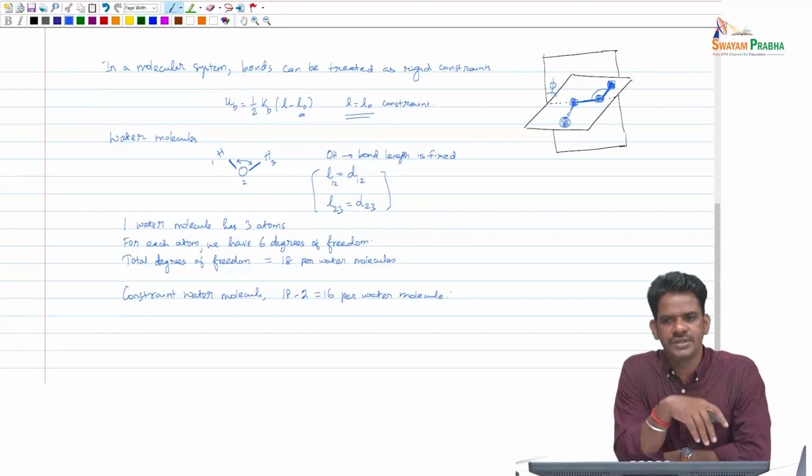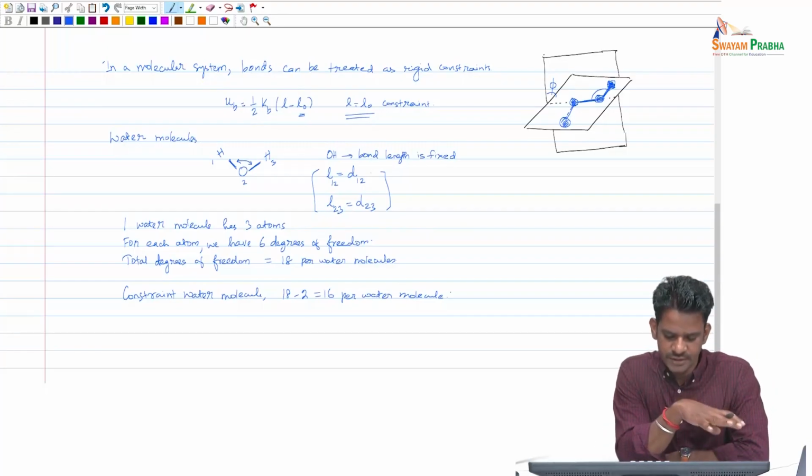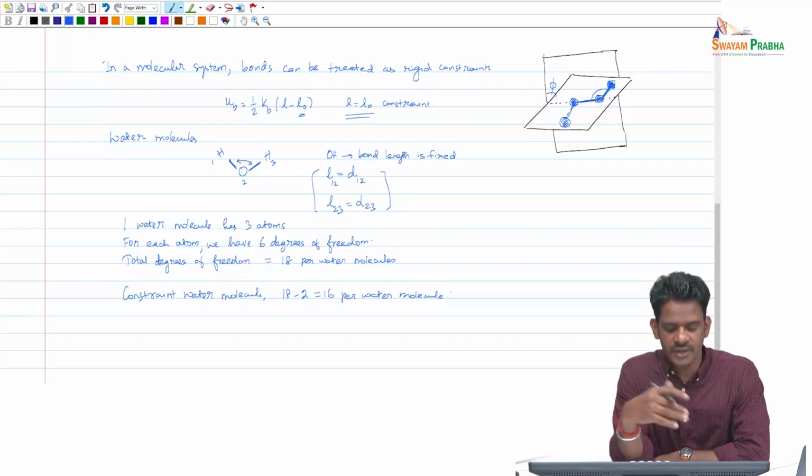Now, which degrees of freedom to constrain depends on the user. When you do an MD simulation, you have to assess yourself which of the processes are important for the property that you are trying to calculate, and which processes you can ignore, so that you do not unnecessarily waste your computational resources.